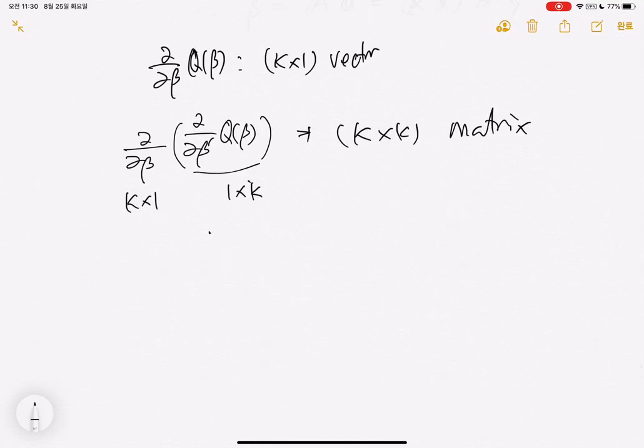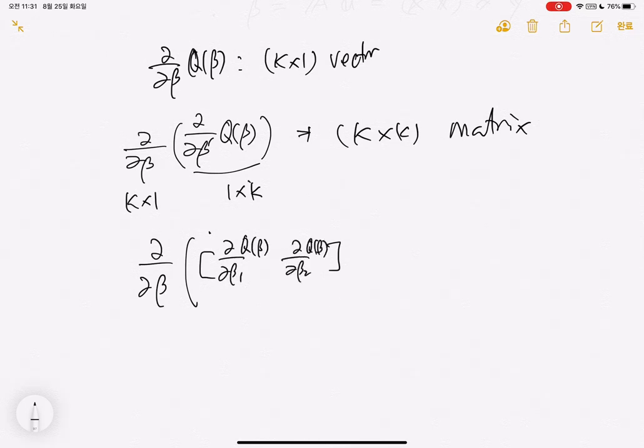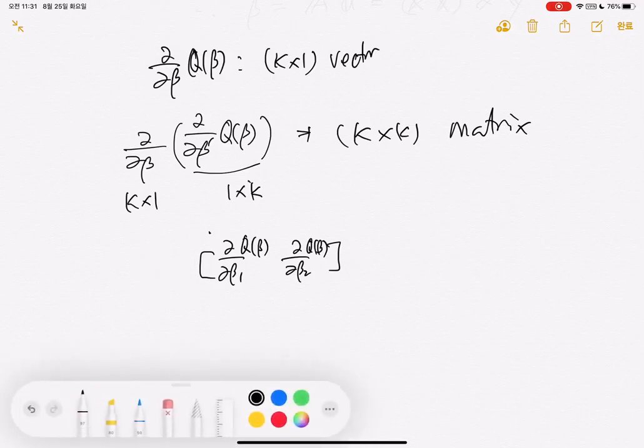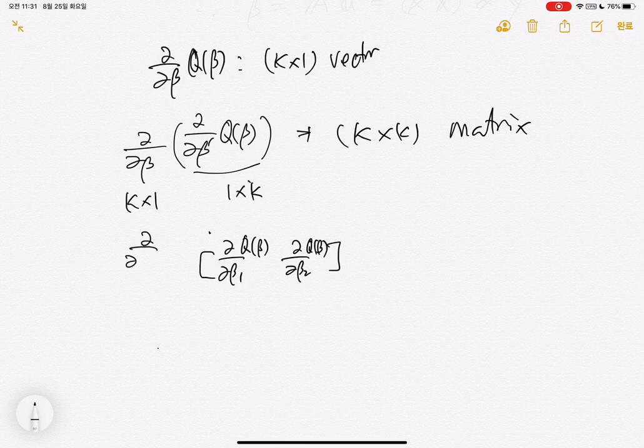Okay, so what's the definition of this derivative? It's this partial beta, and this here is a 1 by k vector, so you have partial beta 1 Q of beta, partial beta 2 Q of beta, and the k by 1 operator is partial beta 1, partial beta 2.